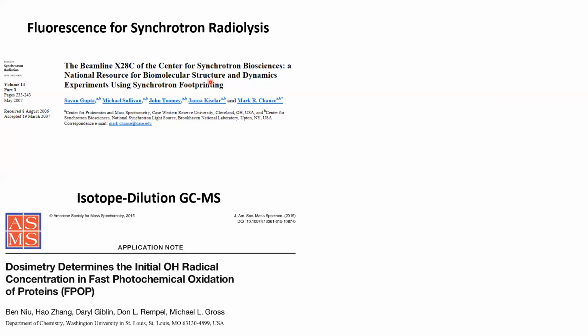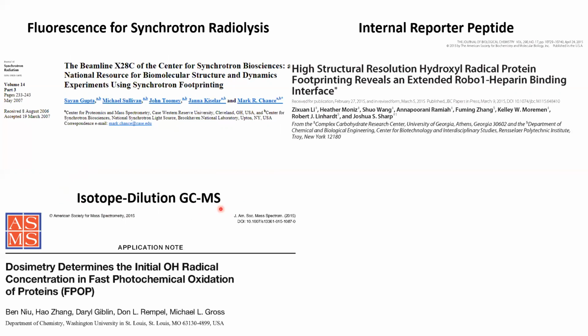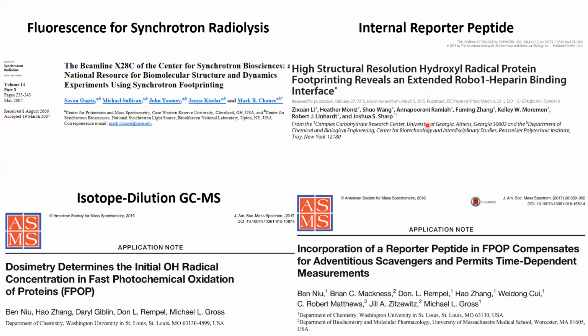But there have also been methods published specifically for FPOP. The Gross Lab published an isotope dilution GCMS method. And then my lab published an internal reporter method, both in 2015, internal peptide reporter method. This internal peptide reporter was also published by the Gross Group in 2017.